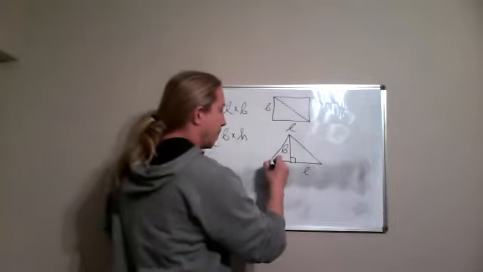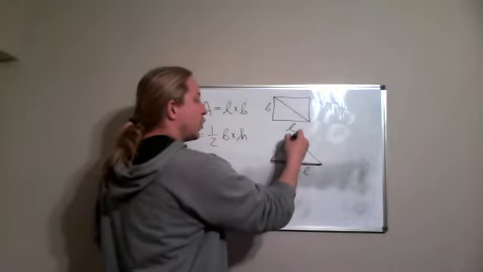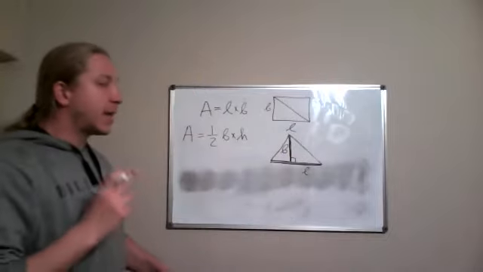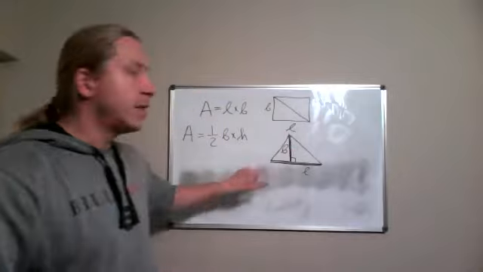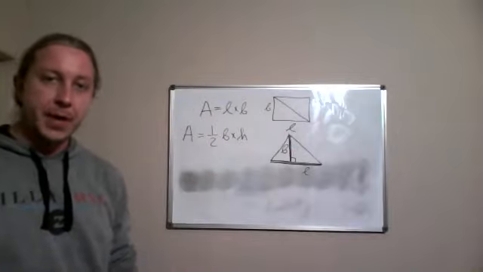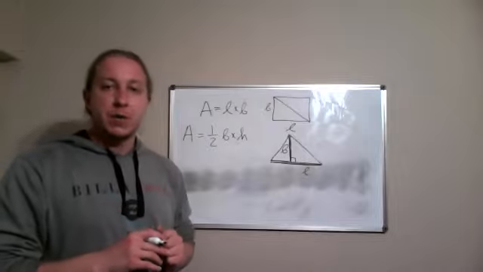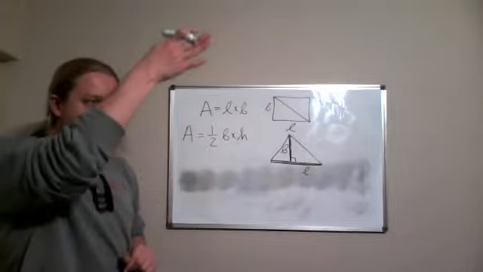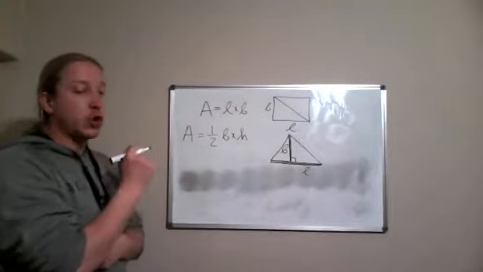We use base, which is this, the whole base, and we use the perpendicular height, which is that. Okay. Again, we are still not using the hypotenuse of either one of those triangles. Okay, so doesn't matter what right angle triangle you have, we can always find the area by saying base times the perpendicular height.